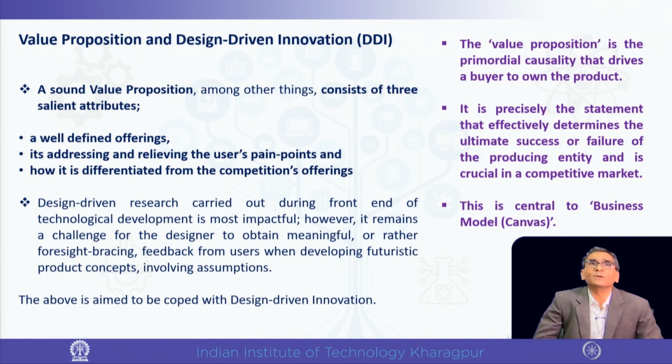But today, a sound value proposition, among other things, consists of three salient attributes: a well defined offering, it addresses and relieves the user's pain points, and it is differentiated from the competitors' offerings.